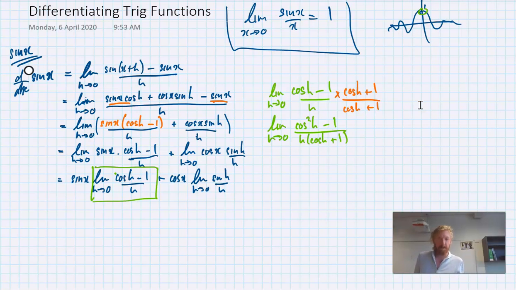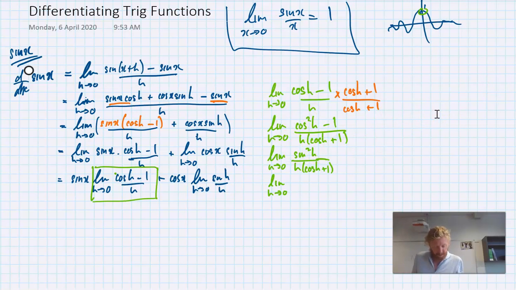That will become the limit as h approaches 0 of, I've got a difference of two squares there, factorized, so that's cos squared h minus 1 on h times cos h plus 1. Well, sine squared plus cos squared is 1, so cos squared minus 1 is sine squared. Limit h approaches 0. These are really messy, aren't they? Anyway, sine squared h on h times cos h plus 1. Now I'm going to rewrite this. Sine squared h is sine h times sine h.